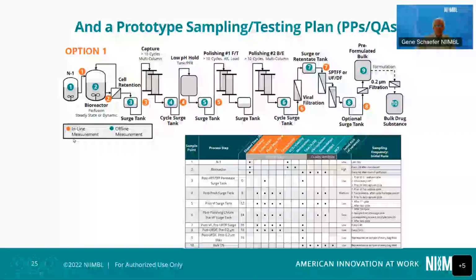And again, to go with those sample points for either inline or offline measurements, we put together a prototype sampling plan with some risk-based sampling frequencies and what you're really looking for. Again, probably too small for you to see, but I encourage you to look in the case study for a longer explanation of this.